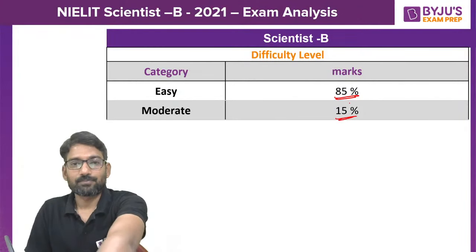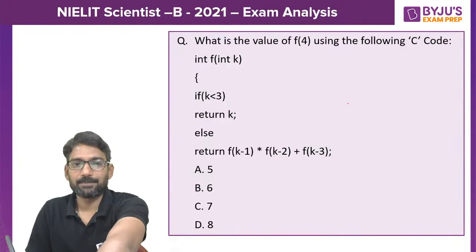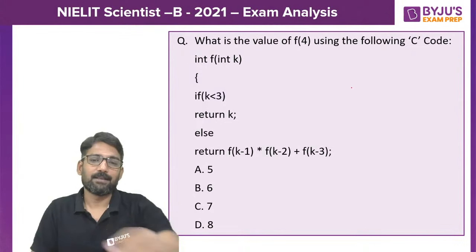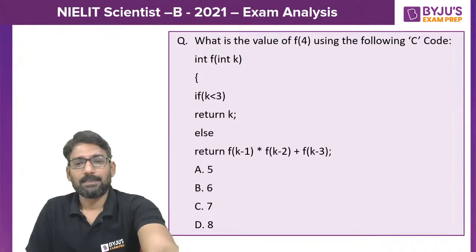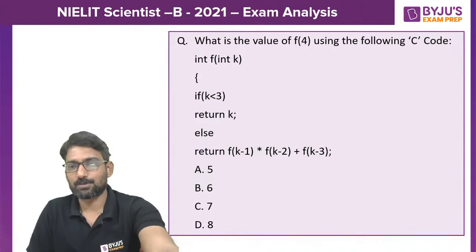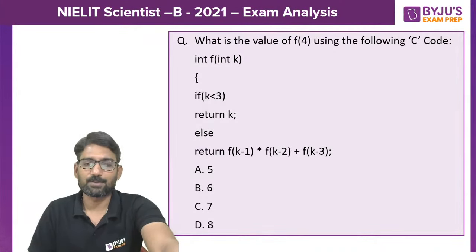Okay. All right. So guys, let us see. I have brought some questions also for you, to tell you what was the level of questions that we have got. Okay.